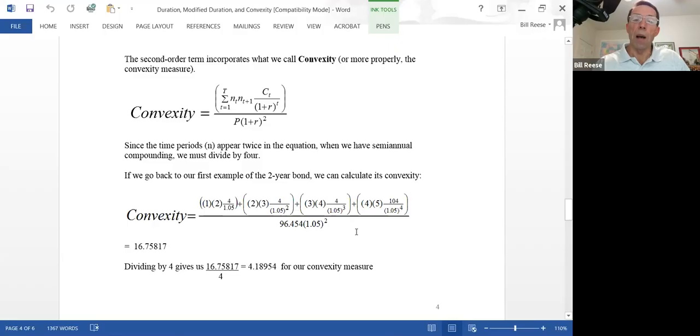And then what's in the denominator is the price of the bond, 96.454, times 1 plus the semi-annual yield squared there. That gives us our convexity measure, 16.75817, except that, once again, because we are using semi-annual periods instead of years, we need to make a conversion.